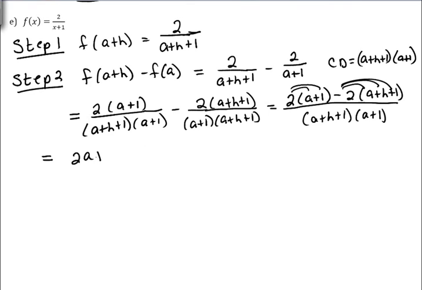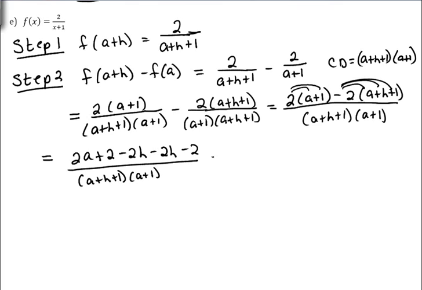That gives us 2a plus 2 minus 2a minus 2h minus 2, all over our common denominator, a plus h plus 1 times a plus 1. So now we can cancel some things on the top here, and oh, this should have been an a, not an h. Sorry about that. So the 2a and the negative 2a will cancel, and the positive 2 and the negative 2 will cancel. And on the top we're left with negative 2h divided by a plus h plus 1 times a plus 1.